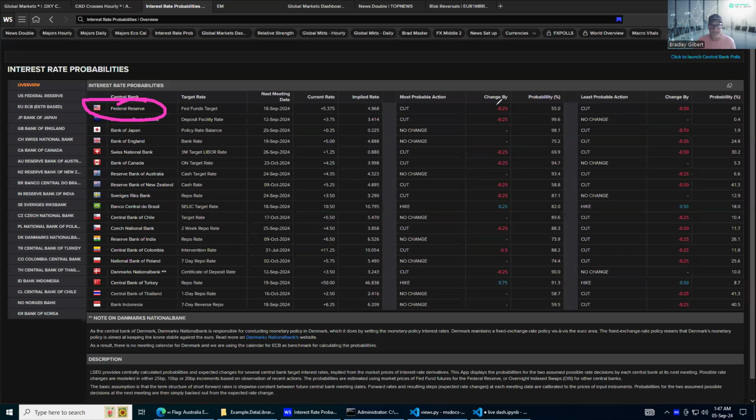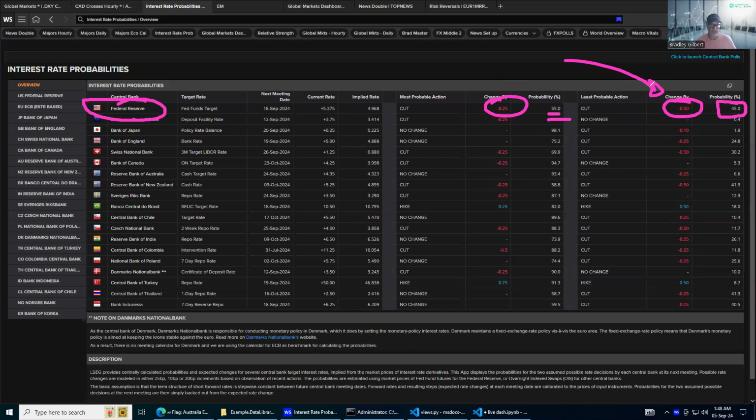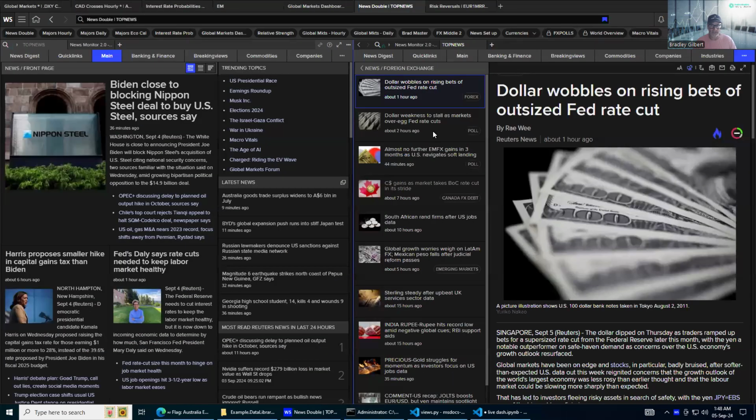Now, the derivatives market: 0.25%, only 55%, half a percentage point now 45%. With my experience, I'm guessing if we go half, 50 basis points, it's panic stations. And I think they'll actually buy dollars, right? We're a long way away from the 18th of September, but you've got to start to look at where big cuts like this come back to panic stations.